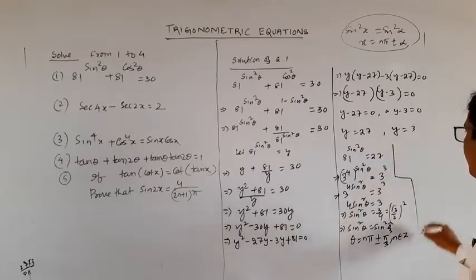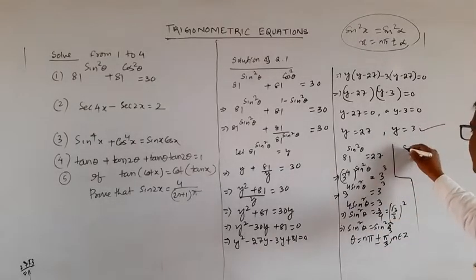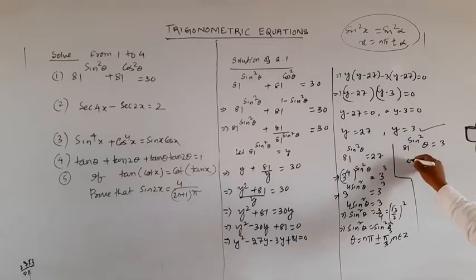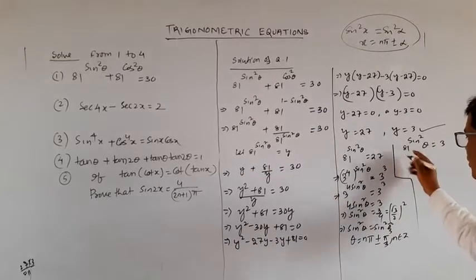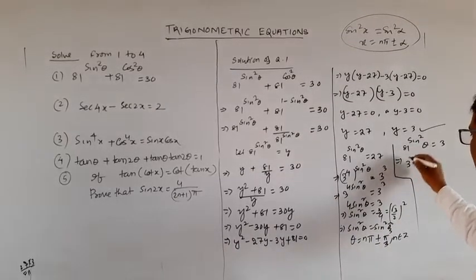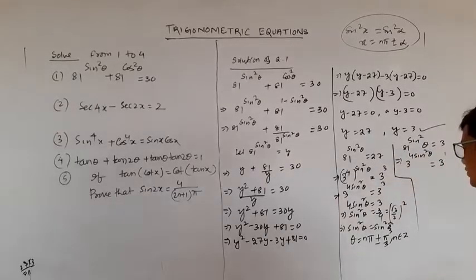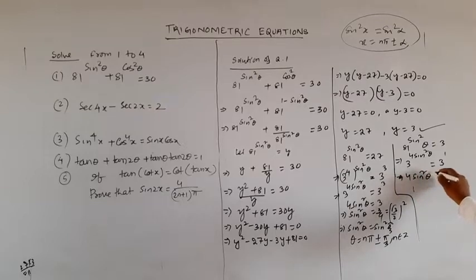Again, y is equal to 3. y means 81 to the power sin square theta is equal to 3, or we can write 3 to the power 4 sin square theta is equal to 3 to the power 1. So 4 sin square theta is equal to 1.